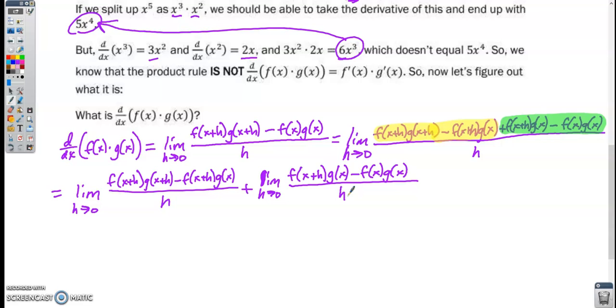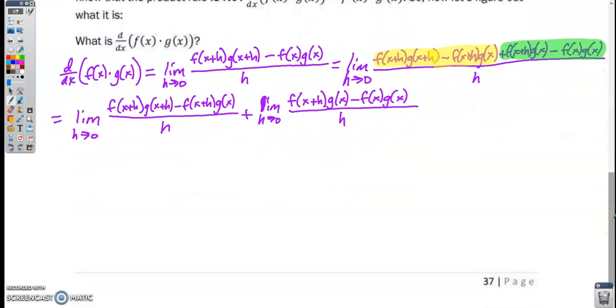And now in both of these limits, I can go ahead and factor out a common factor in my numerator. And in the first one, I can factor out f of x plus h from both terms.